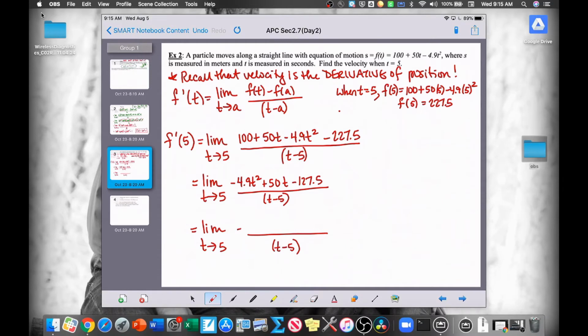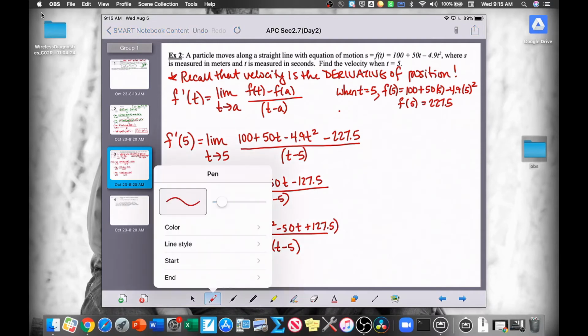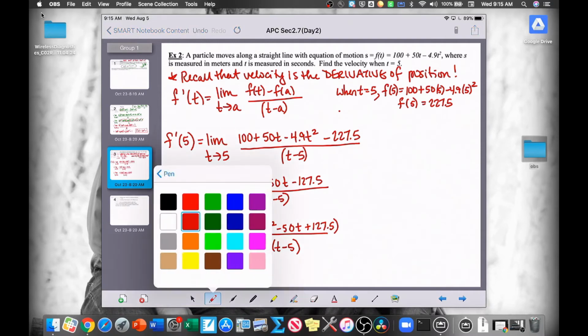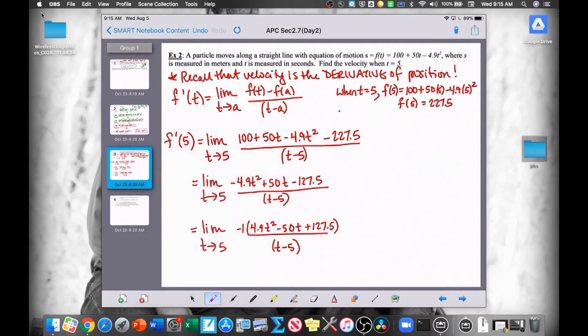And if I factor a negative 1 out of my terms, then this becomes positive 4.9t squared, negative 50t, and positive 127.5. Okay? So if I know that there's a factor of t minus 5 in the bottom, then I know that there has to be a factor of t minus 5 in the top too.